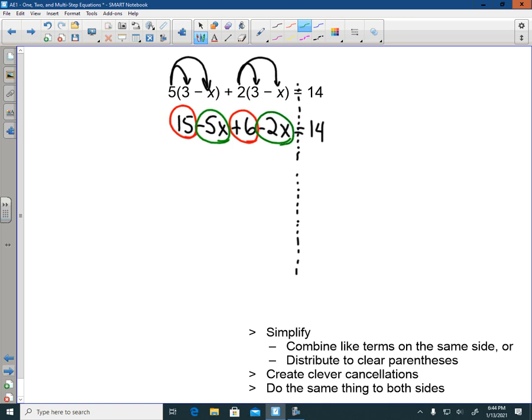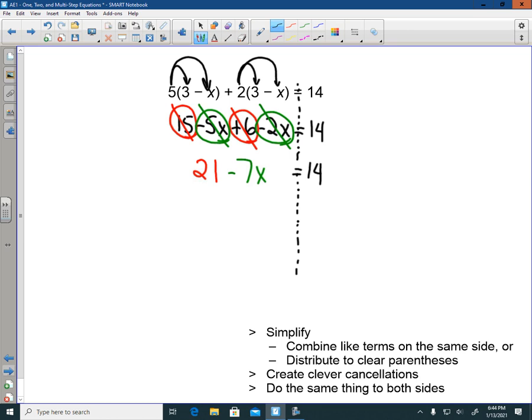We just kind of match up the terms. So 15 plus 6 is 21, so we've taken care of these guys. And then negative 5 minus 2 more is negative 7x, and these guys are done, and that's going to equal 14.